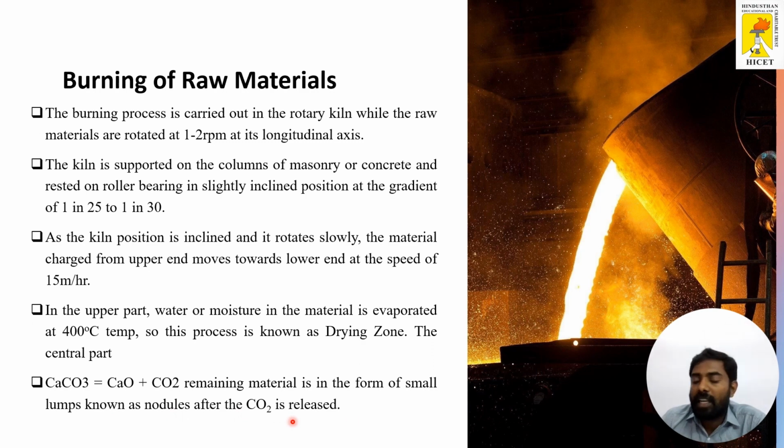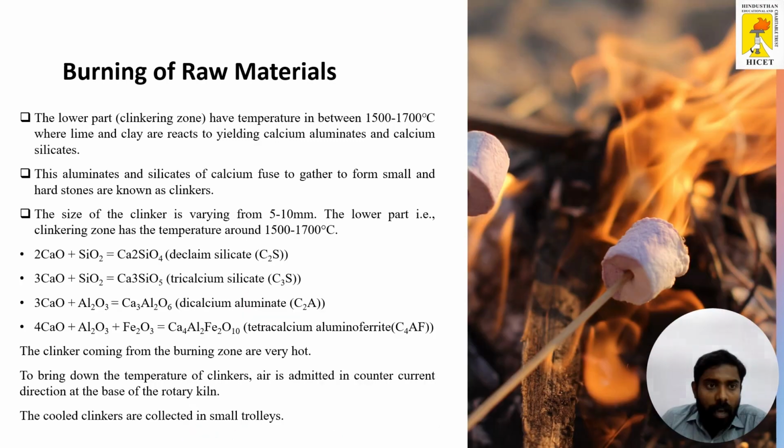The remaining material is in the form of small lumps known as noodles after CO2 has been released. And the lower part, that is the clinkering zone, has a temperature between 1500 to 1700 degrees Celsius, where lime and clay react to yield calcium aluminates and calcium silicates.